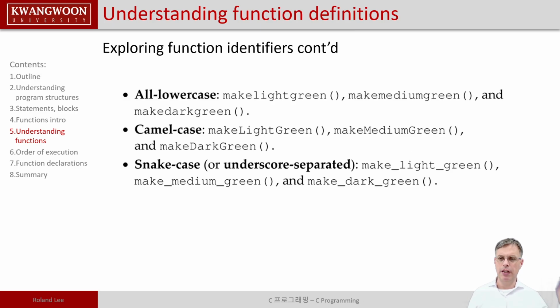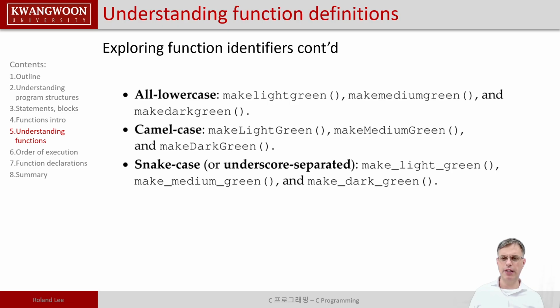As you see, the all lowercase names are somewhat difficult to read. However, these are not nearly as difficult to read as all uppercase names. So please don't use all uppercase names. The other two ways are quite a bit easier to read, therefore it is better to use either of the last two.